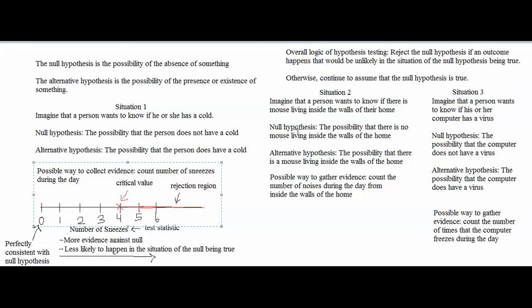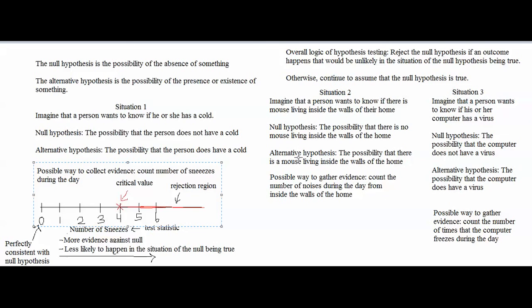So a type 1 error is made when a person rejects the null hypothesis and the null hypothesis really is true. So if I conclude that there is a rat living inside the walls of my house, I've rejected the null hypothesis. But if the null hypothesis really is true, and there is no rat living in the walls of my house, then I've made a type 1 error.